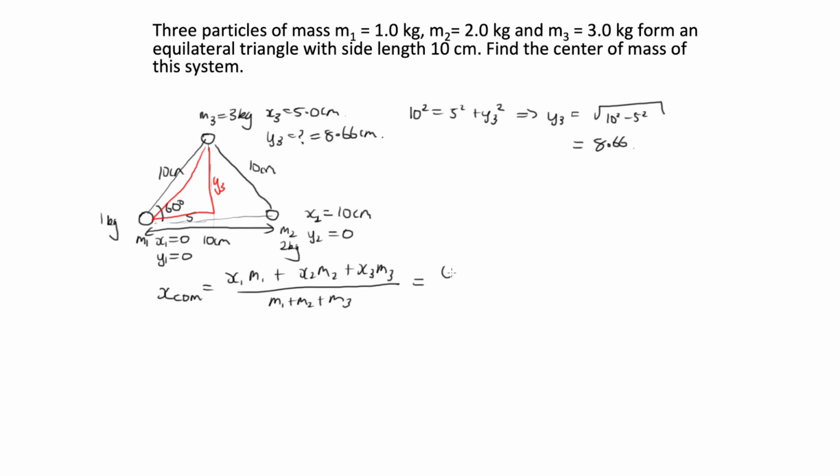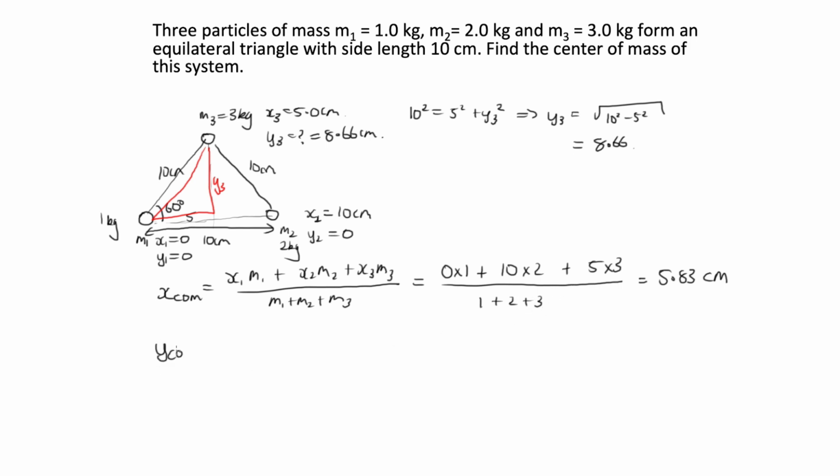So we've got 0 times 1 plus 10 times 2 plus 5 times 3 over 1 plus 2 plus 3. So this is over 6. We've got 20 plus 15, 35 divided by 6. Solving that gives us 5.83. And that's centimeters, because this was centimeters times kilograms, and we're dividing by kilograms.